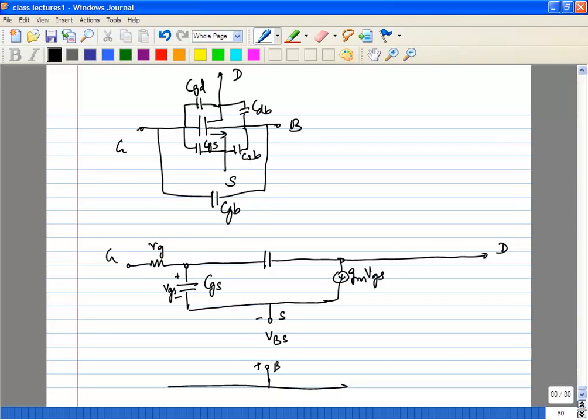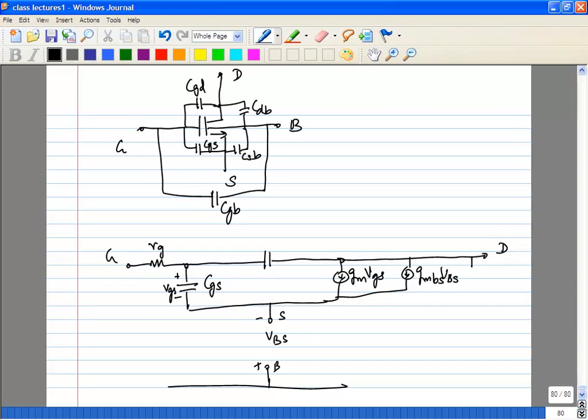Remember, you also have a bulk to source voltage, and because of that you have a GMBS times VBS. Remember this from your devices?